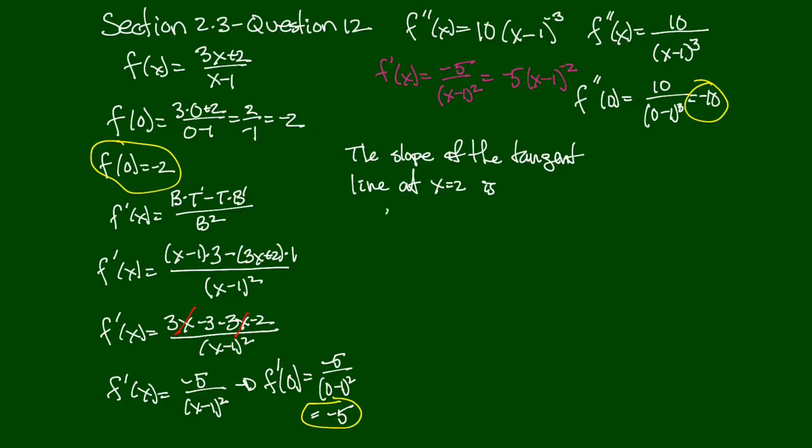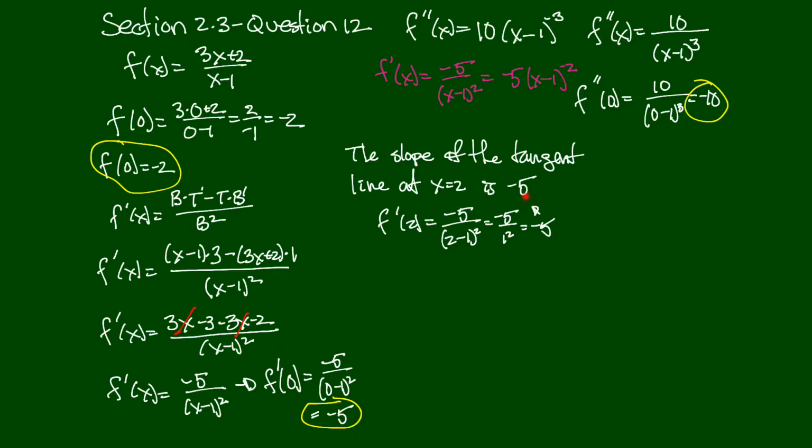What is f prime of 2? We get negative 5 over 2 minus 1 squared, that's negative 5 over 1 squared, so negative 5. So the slope of the tangent line at x equals 2 turns out to be negative 5. I'll put that negative 5 back up here.